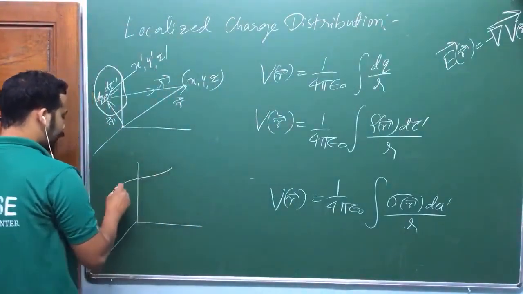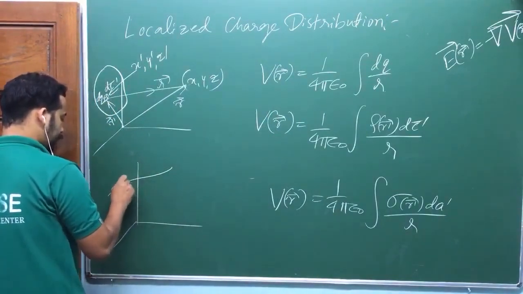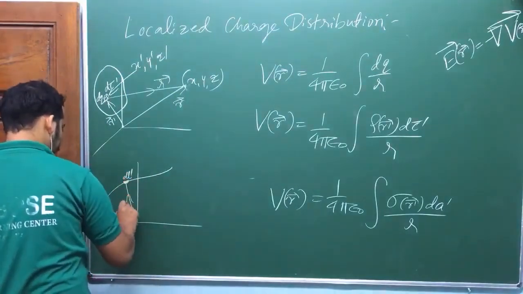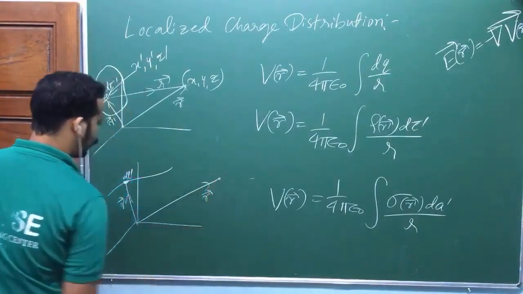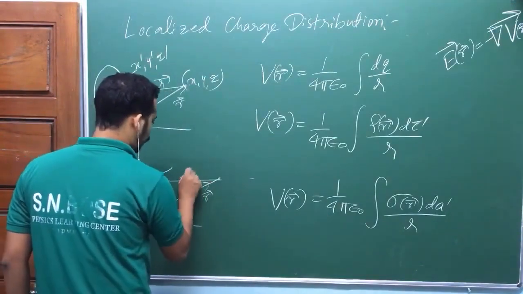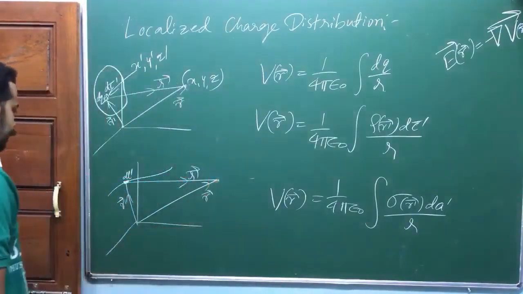Let me take a line charge, okay? In that one, let me take a small dl prime. It is at a distance r prime from the origin. This is the point where we wish to find the potential, italic r. Is that okay?